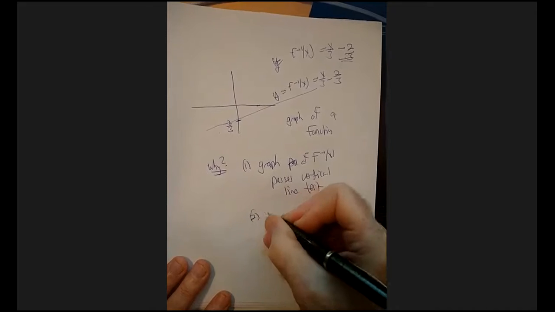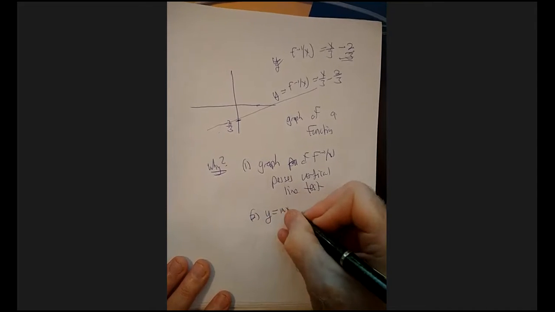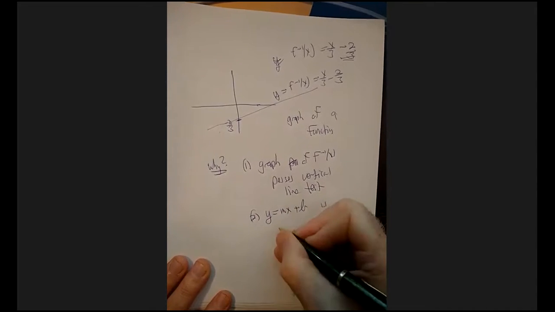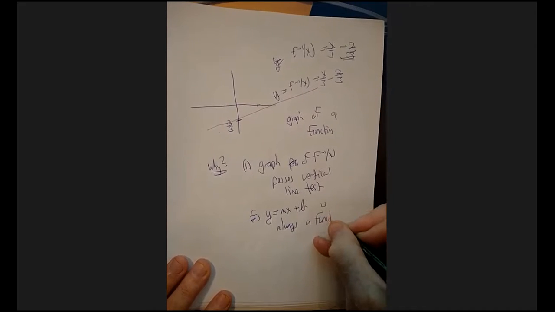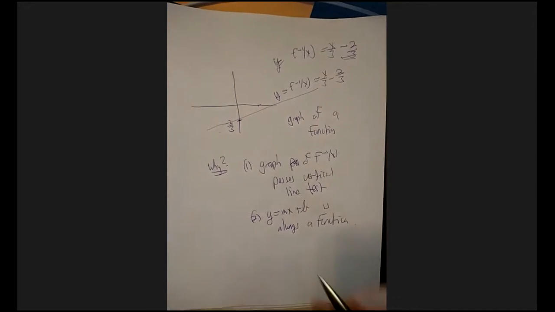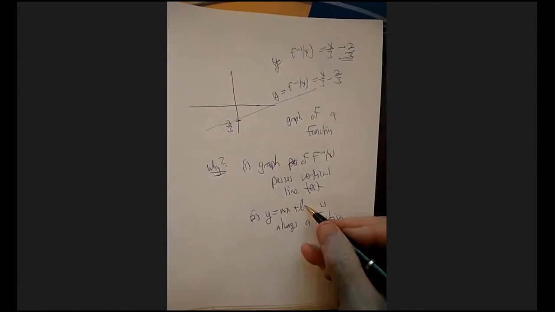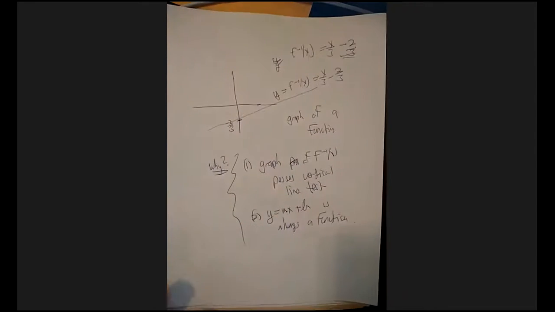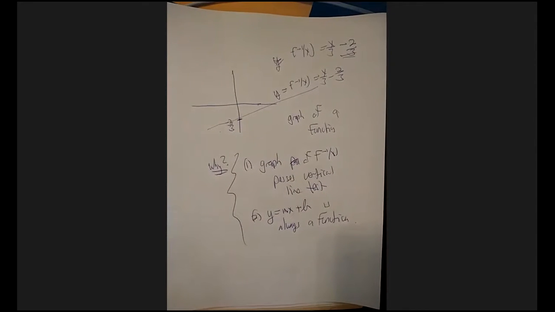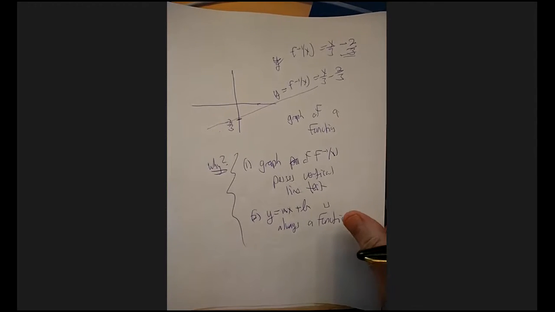And two, y equals mx plus b is always a function. You plug in x, multiply it by a number and add b. There's only one possible answer. Okay. Again, those are the kinds of things that we'll look at today.